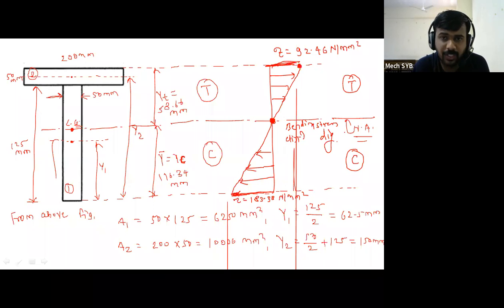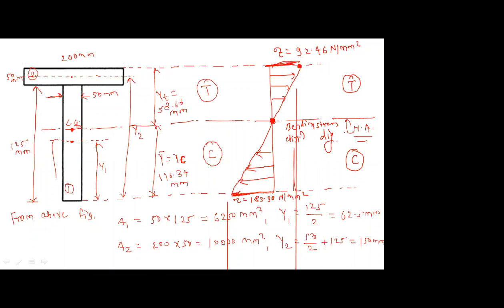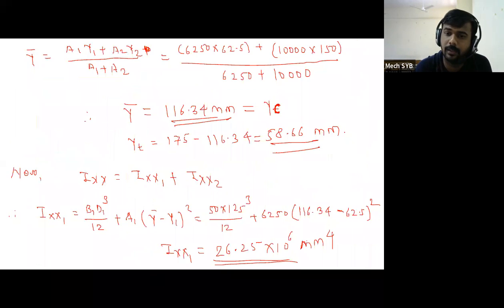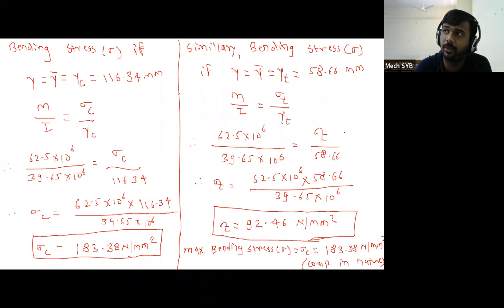Okay, finish. Have you drawn the stress distribution diagram in front of the T section? Yes, sir. Those who have not drawn, please draw it. Write down one important sentence also: maximum bending stress is equal to sigma c is equal to 183.38, and their nature, compression in nature. And by using the values of sigma t and sigma c, we have to draw the stress distribution diagram.